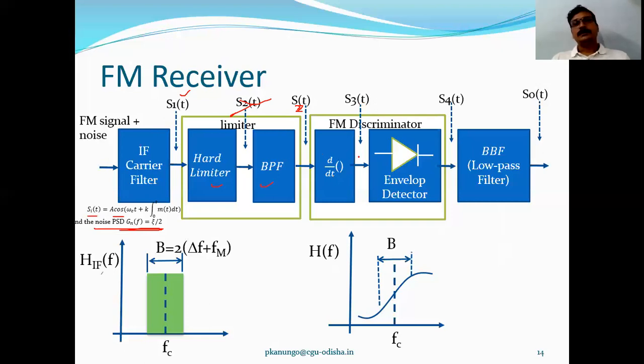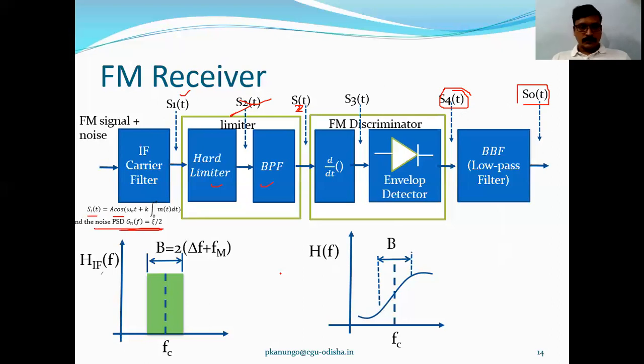This output of the differentiator will pass through the envelope detector, and the output of the envelope detector is s4(t), and the output of the baseband filter is known as s0(t). Similarly, we can calculate n1(t), n2(t), the noise at different points.